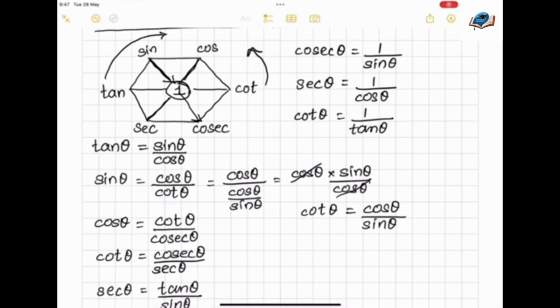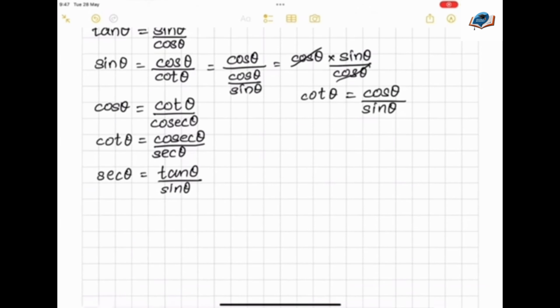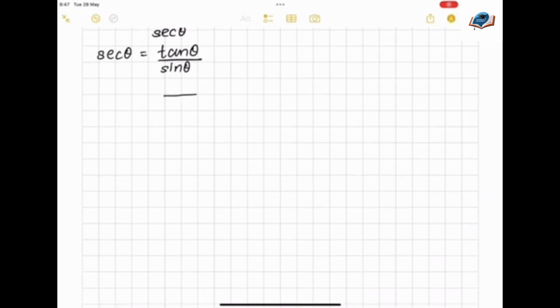Here we can get the correct formulas also, that is sine square theta plus cos square theta equal to 1. Now I am drawing the hexagon again to show you how that sine square theta plus cos square theta is coming. This is my hexagon, and at the center it was written 1.